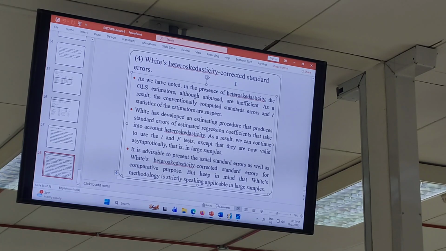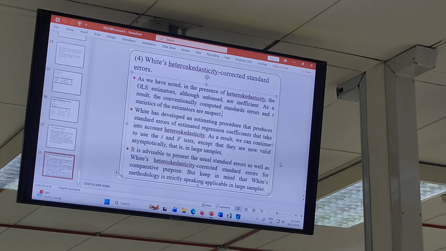It depends on the seriousness. If, let's say, the error variance depends on X seriously, then maybe you need a larger sample size. So this approach is advisable: present the usual standard errors as well as White's heteroscedasticity-corrected standard errors for comparative purposes.